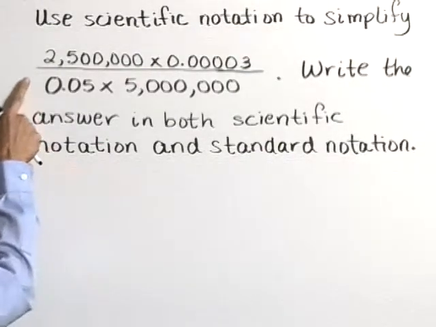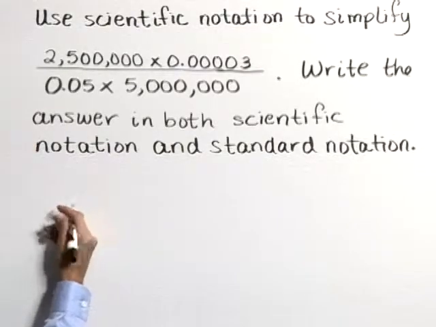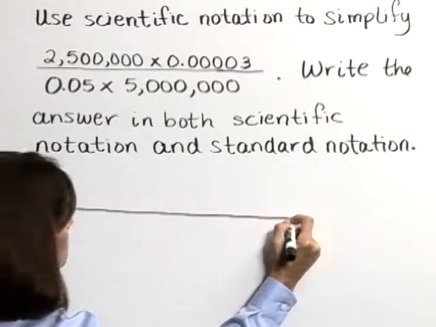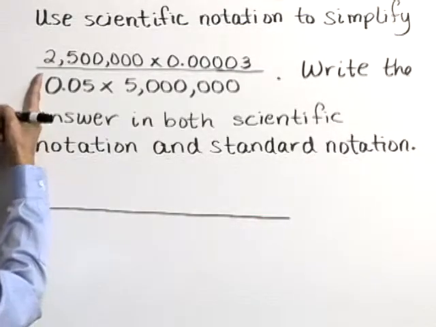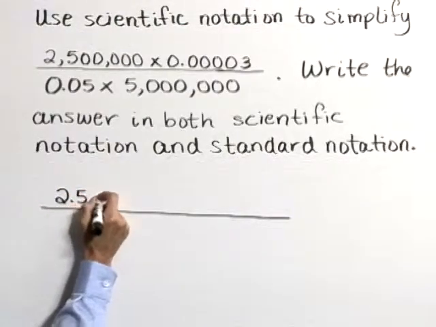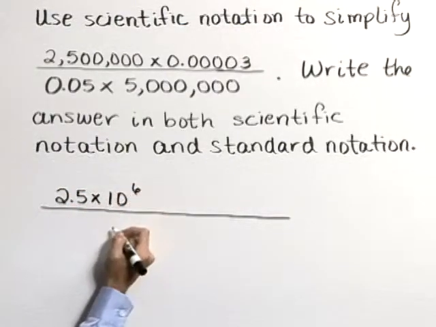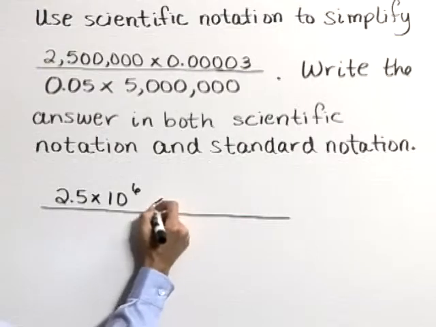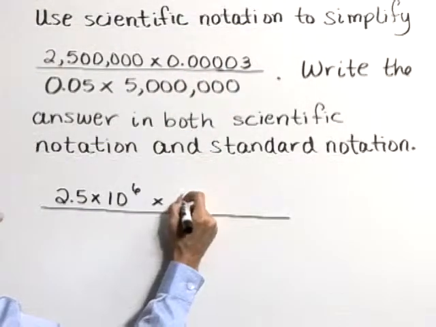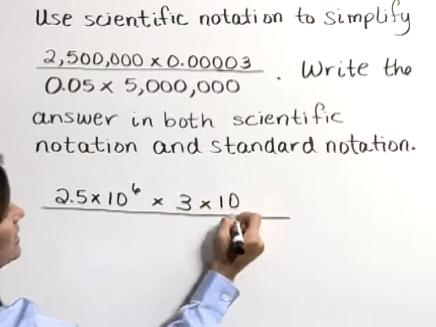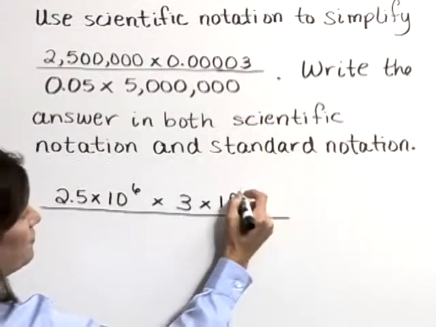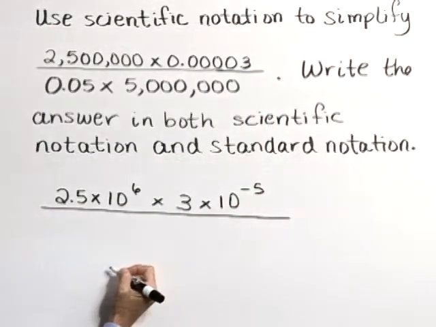Let's begin here by writing our expression all in terms of scientific notation. So in the numerator, that 2,500,000 is 2.5 times 10 to the 6th power times our second factor, which we can write as 3 times 10 to the, 3, 4, 5, that's 5 places, so 10 to the negative 5th.